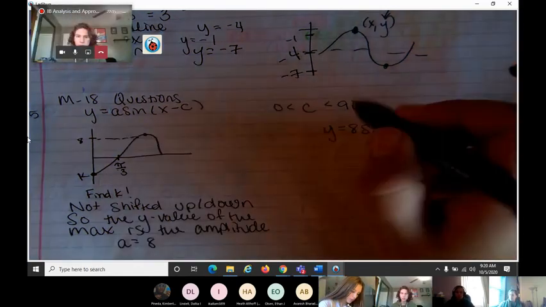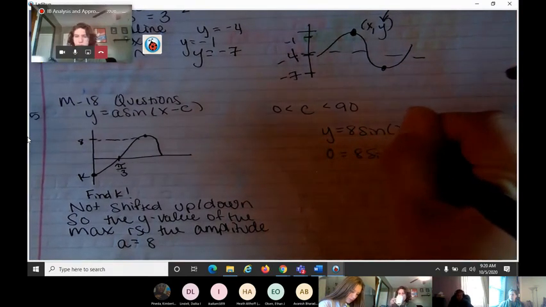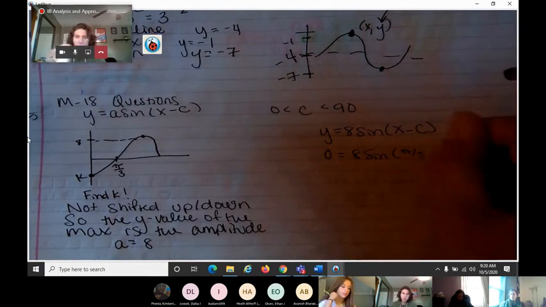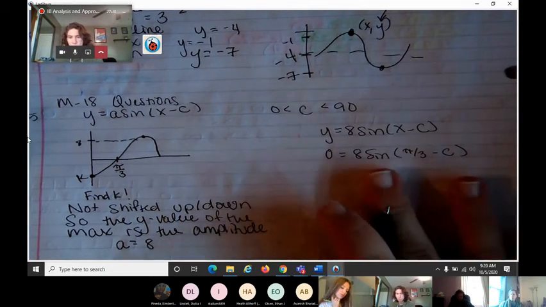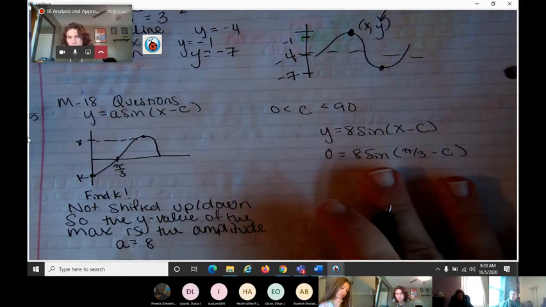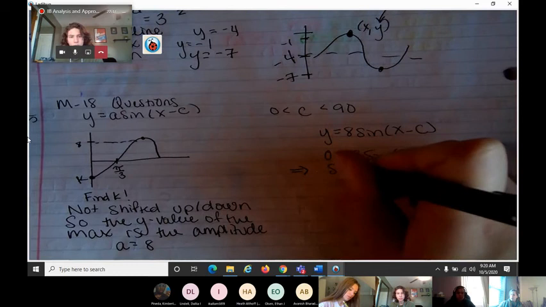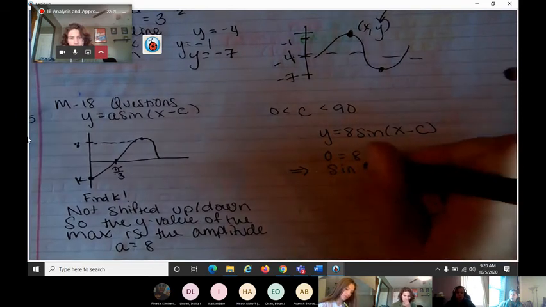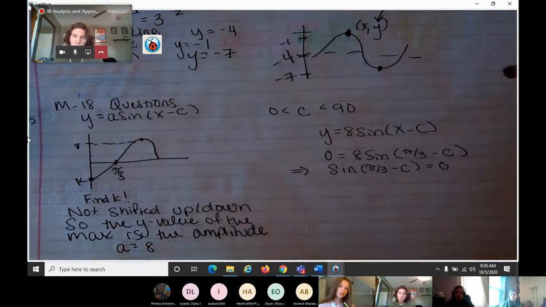So we can use 0 and then pi over 3 in our function, and then we could solve for c. If I isolate the sine value as much as possible, I would divide both sides by 8. And I'm just going to flip the equation around, so the sine of pi over 3 minus c is equal to 0.